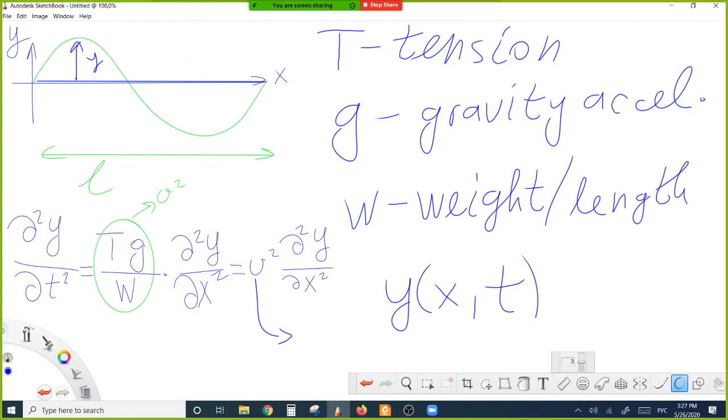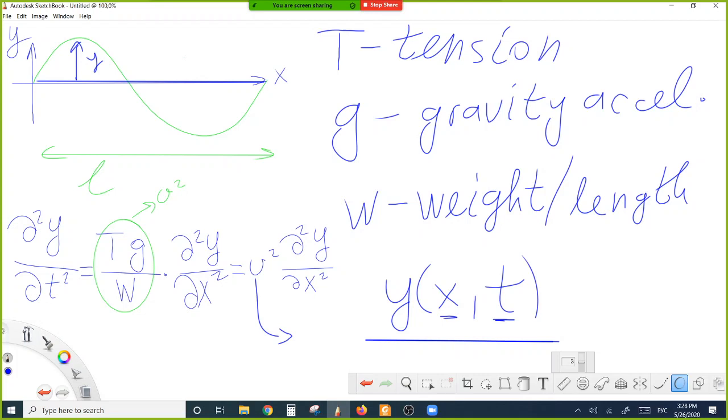The function y, which is also displacement in this case, is both time dependent and space dependent, depending on t and on x. There are other terms that may exist, but the two terms above, x and t, are essential.